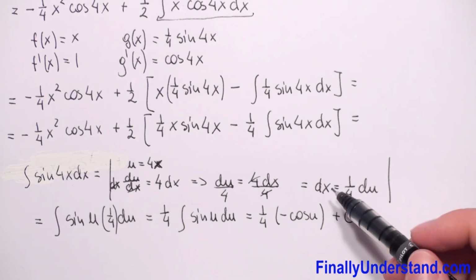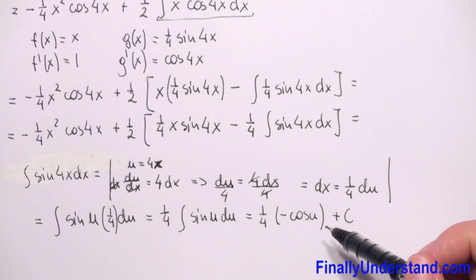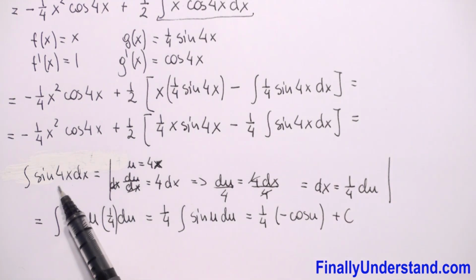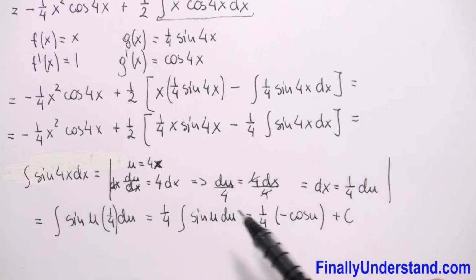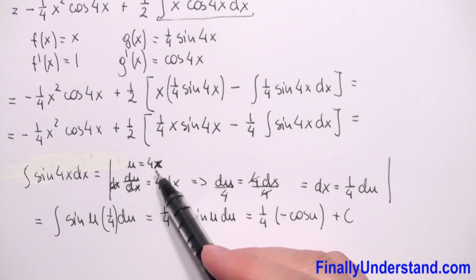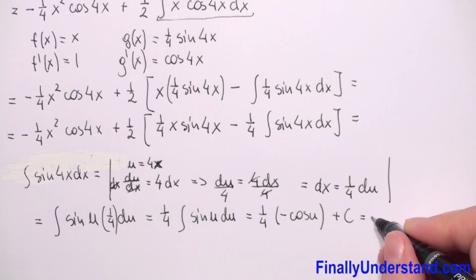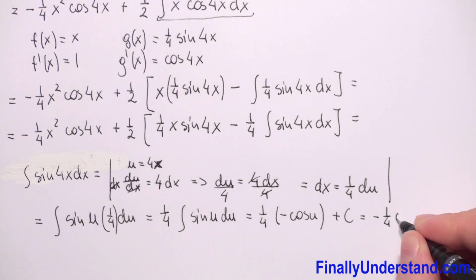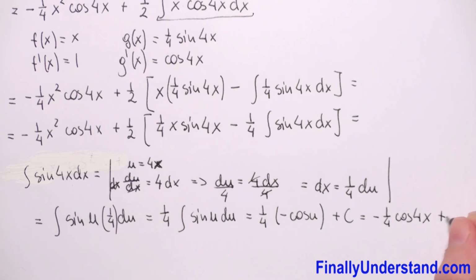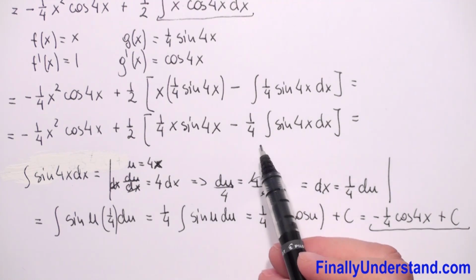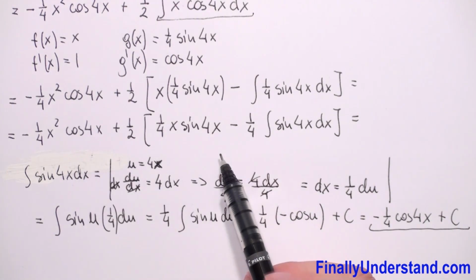And we have to come back to our substitution. We need to find integral with respect to x. So we will substitute u by 4x now. So we have negative times positive will be negative 1 over 4 cosine of 4x plus constant c.